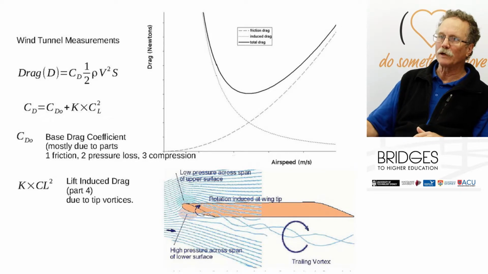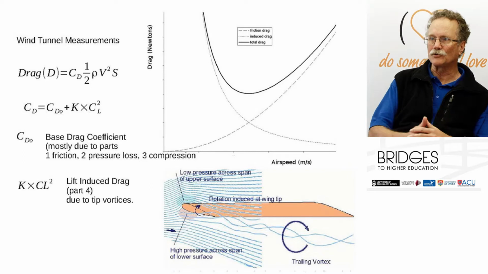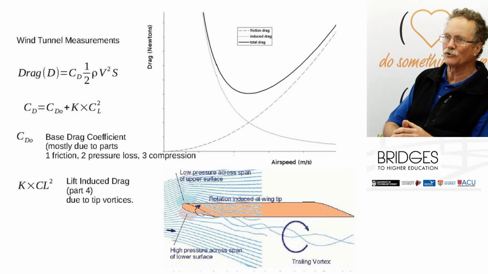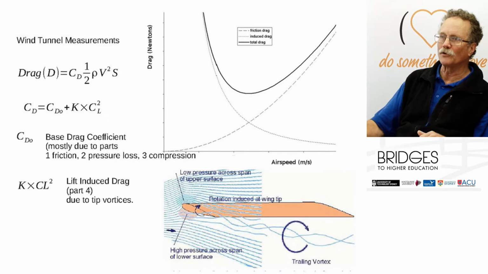What will happen at the wingtip is the high pressure will bleed around to the low pressure, the air will start to spin, and trailing downstream will be a delicious trailing vortex. Now that vortex is producing drag. We need lift on the wing, but as a consequence the wingtip lets us down a bit and produces induced drag.